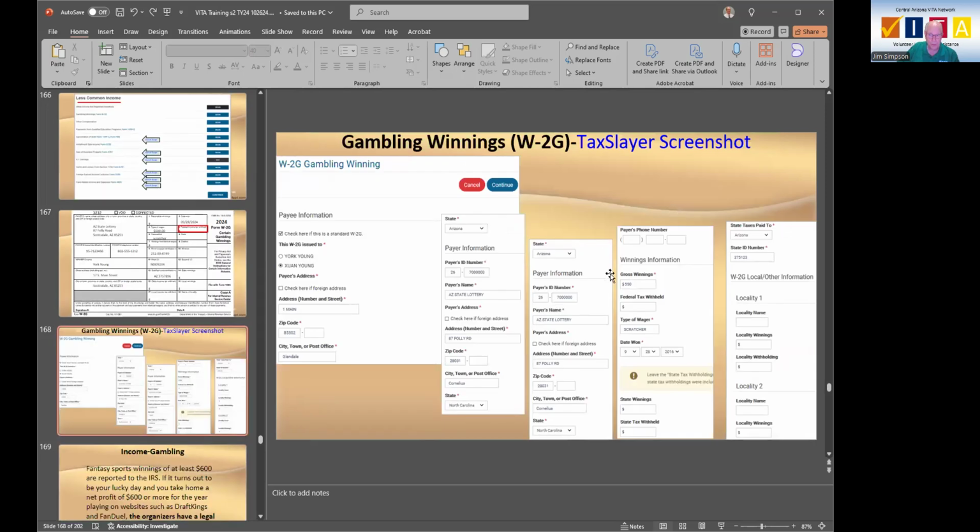Here's the information that you would get to. You'd have to put in all the payee information, the state, the type of wager, the date won. If it has multiple ones, you could combine all the multiple ones into one, and you could just make this date 12/31.